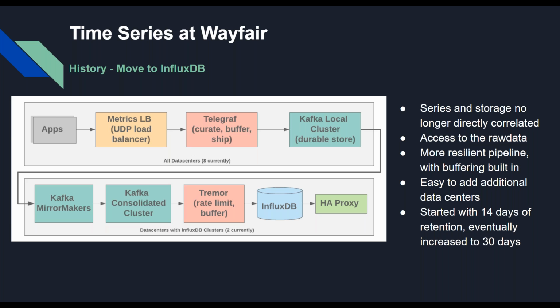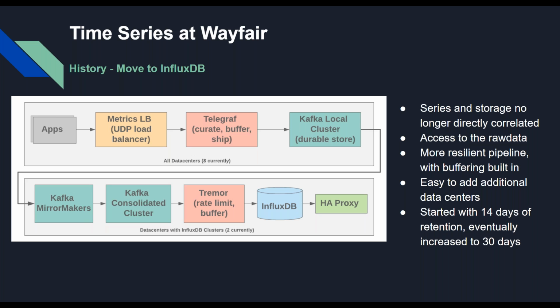So we moved away from statsd and towards InfluxData's TICK stack, and we ended up with a pipeline that's a lot more simplified. The new pipeline design decoupled our receiver layers from the storage clusters themselves by putting some Kafka in the middle. It also made the overall pipeline a lot more scalable, in that we could just add the first half of the pipeline into any new data centers we spun up.